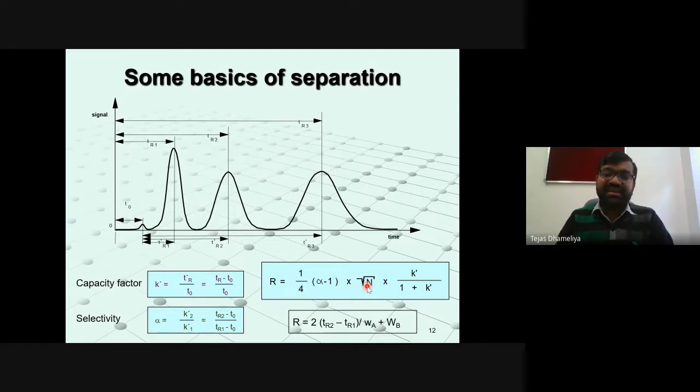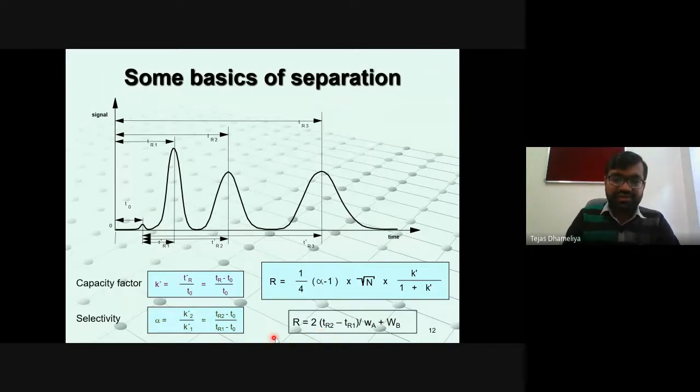And resolution we can identify from 2 into TR1 minus TR2. Sorry, R is resolution, not retention time. That is another formula: TR1 minus TR2 divided by WA plus WB.